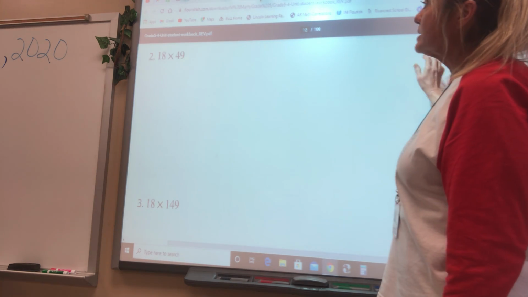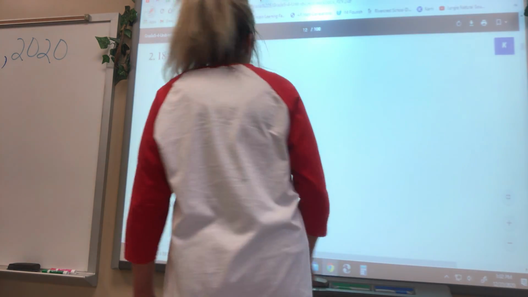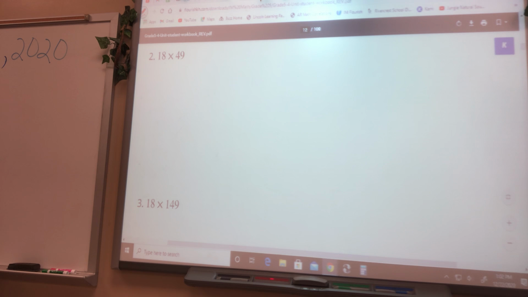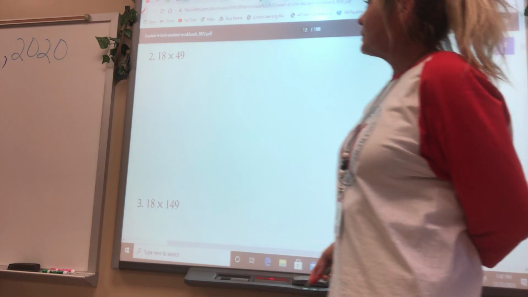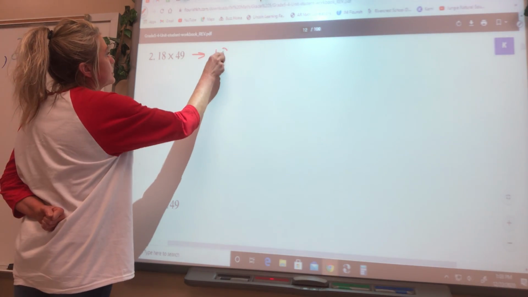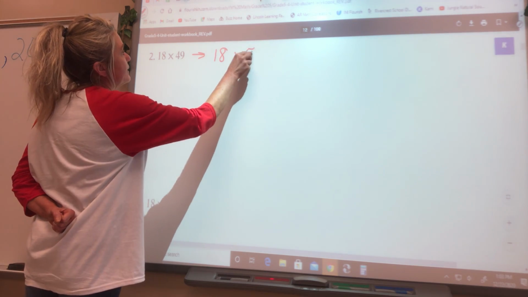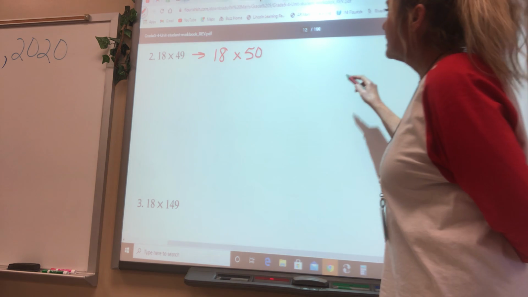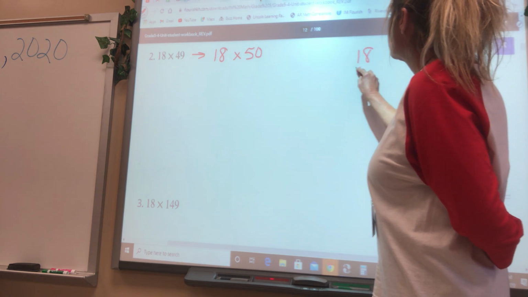Okay, on this one, it works the same way. If I round my numbers, they're quicker to find. So if I round my numbers, this would be 18 times 50. Now that's easier to work with because I can come over here, 18 times 50.